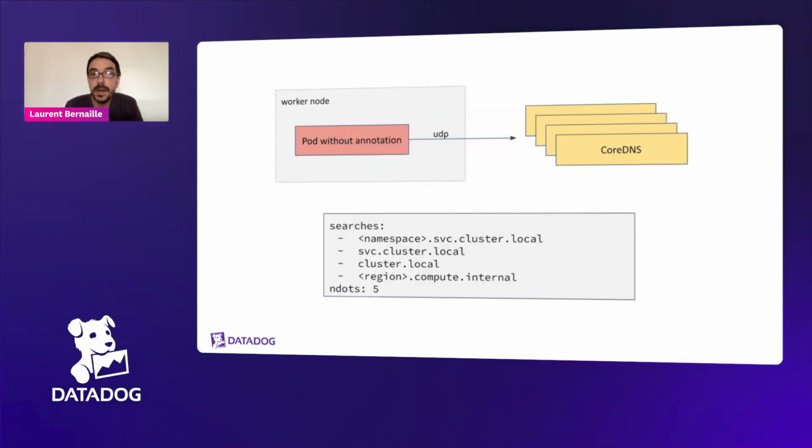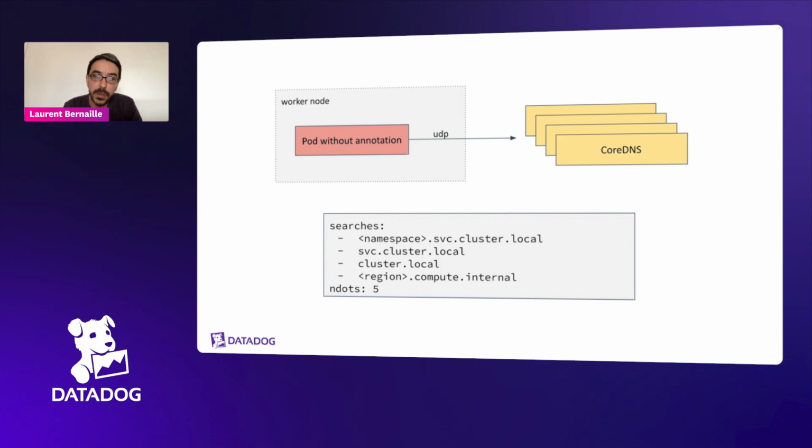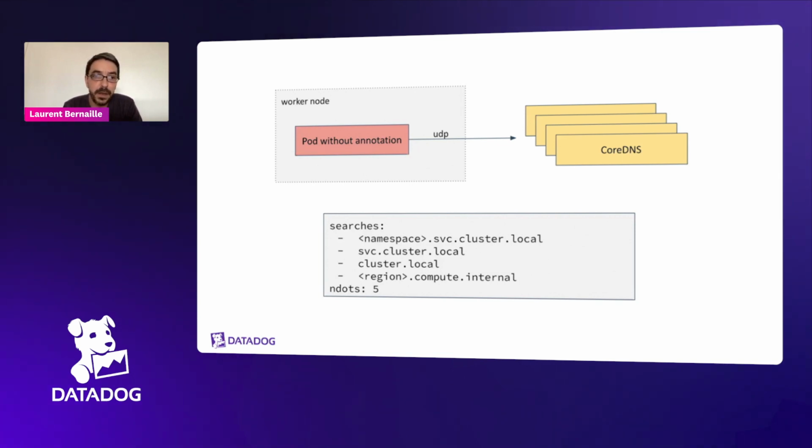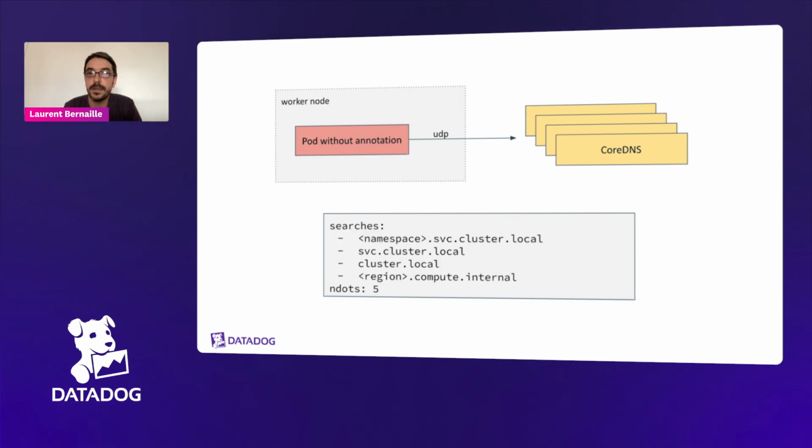Which means, of course, that if your pod didn't have the annotation, it would use the standard query. Another improvement we made was to the search path used by the kubelets and used by pods. So in this slide, you can see the typical resolv.conf you get in Kubernetes. Of course the servers are missing, but you have the search domain and the options.